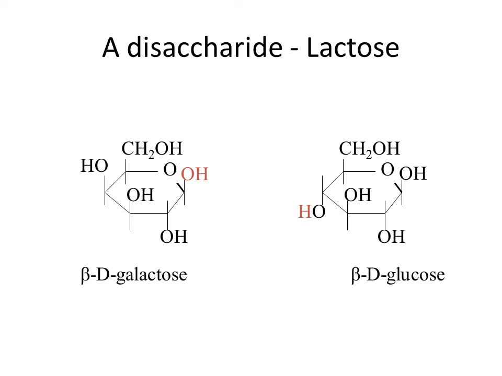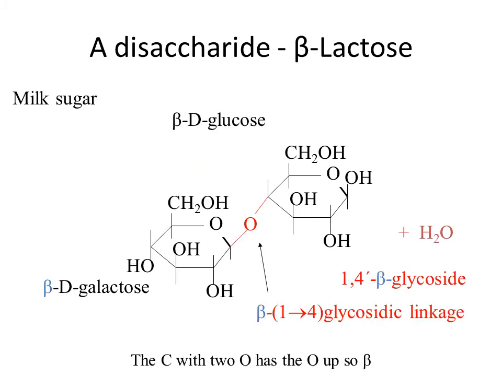So if I look at this, I can see that water will be removed so that you get the glycosidic linkage. The glycosidic linkage is going to be up on the galactose. Because it is up on the galactose, we call it a beta glycosidic linkage. Now, you can see it's on the 1 carbon on the galactose and the 4 carbon on the glucose, and so we call it a beta 1,4 glycosidic linkage.